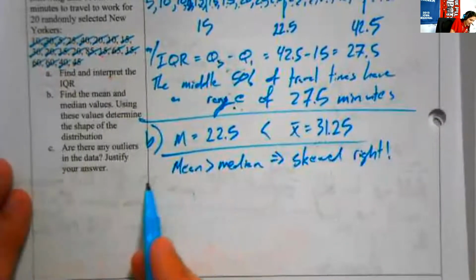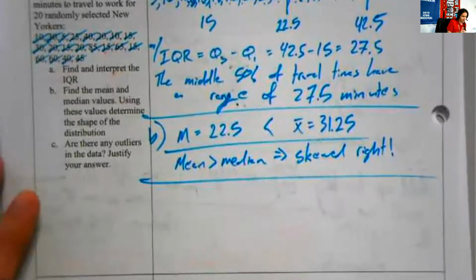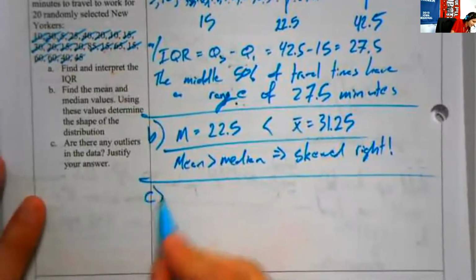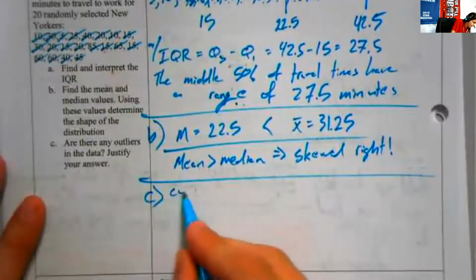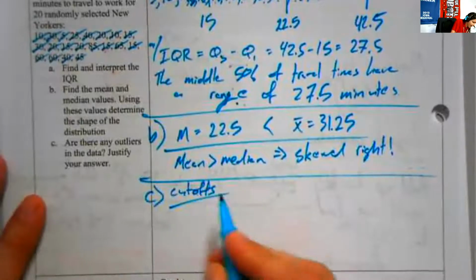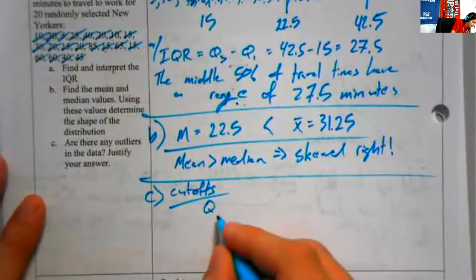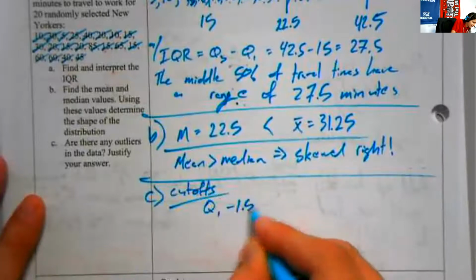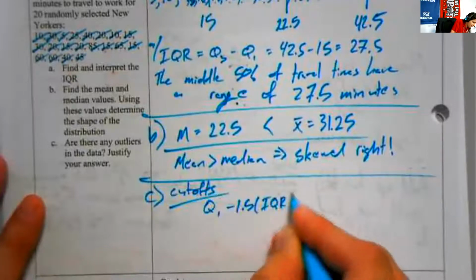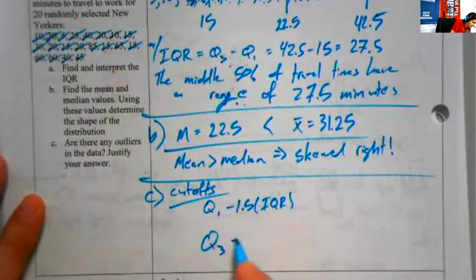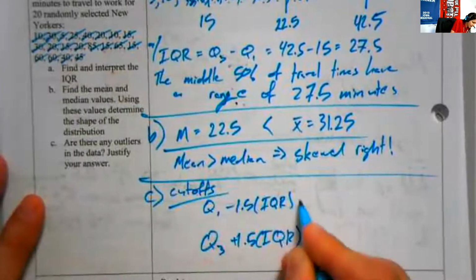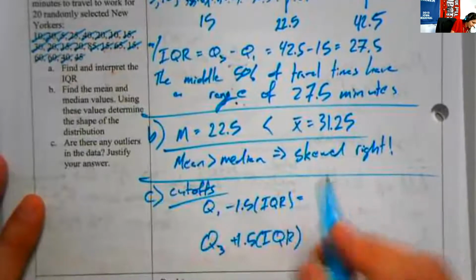All right, are there any outliers in the data? Justify your answer. You need to find the outlier cutoffs. Those are at Q1 minus 1.5 times the IQR, or Q3 plus 1.5 times that IQR. Plugging into those, what is Q1?